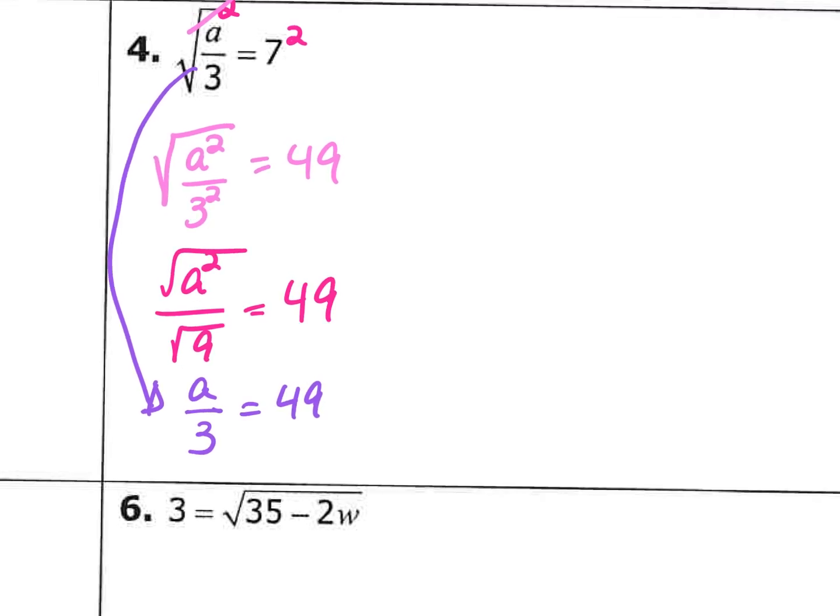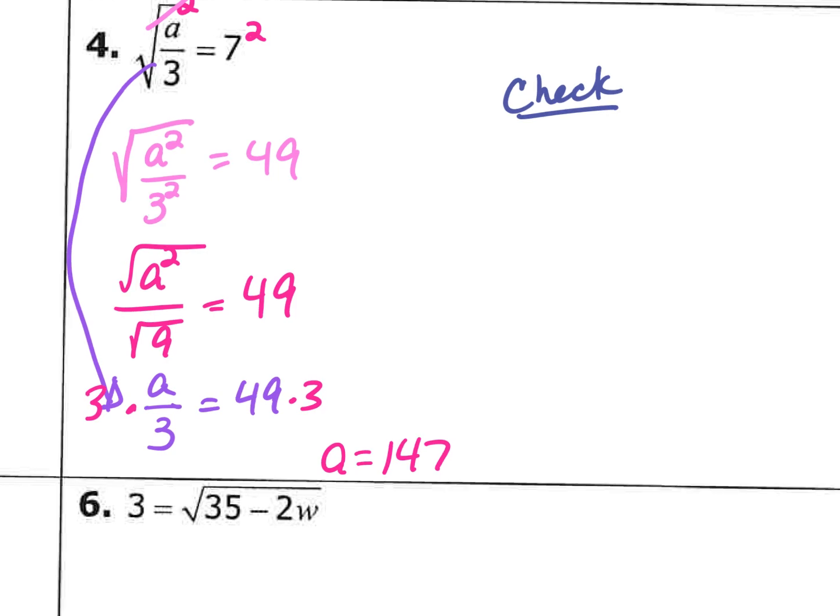Okay, so then now I would multiply by 3. Okay, a is 147? Okay, now let's do our check real quick. I don't expect you to have all that middle stuff. I just wanted to show you that when you square it, if you don't cancel it, it will cancel at the end.